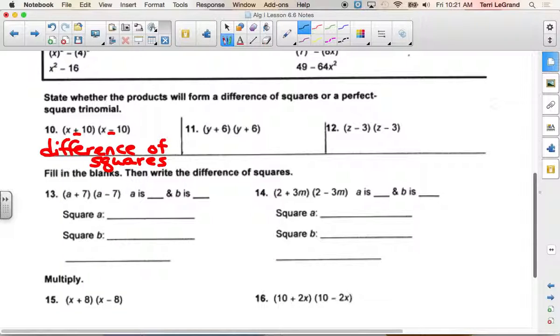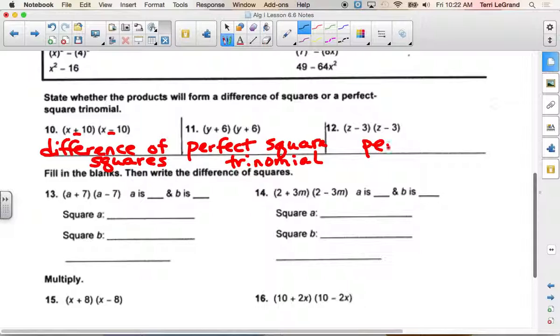How about y plus 6 times y plus 6? Perfect square trinomial. We have to recognize what type we have so we know what type of model to use for the shortcut. And the last one, perfect square trinomial also.